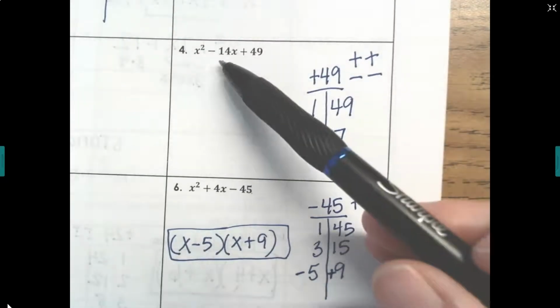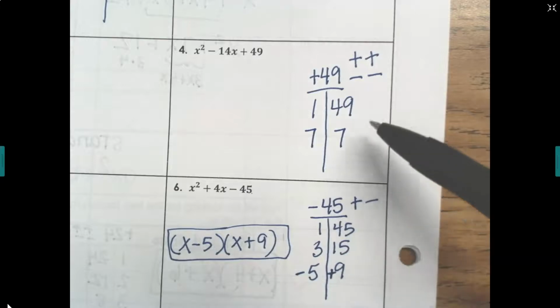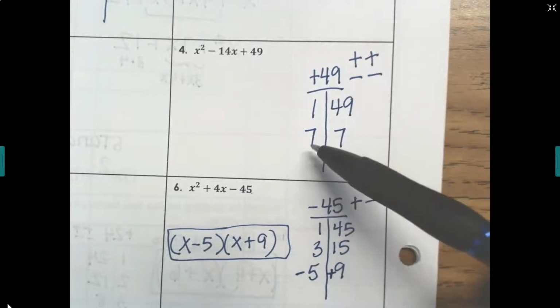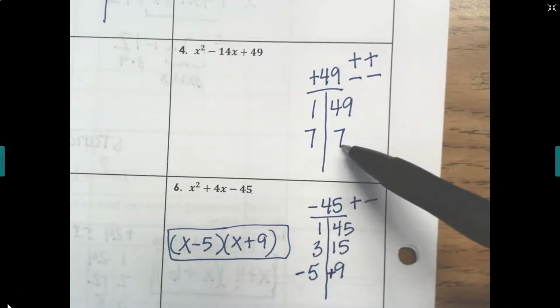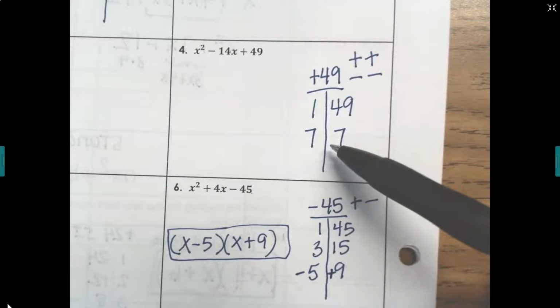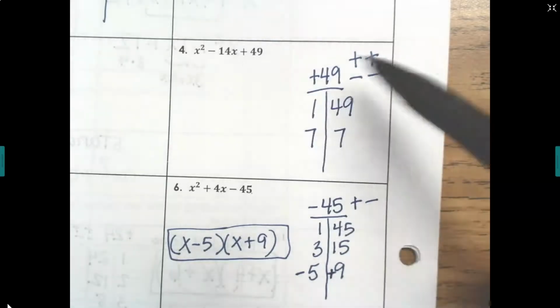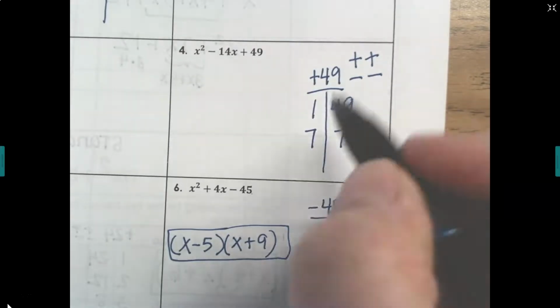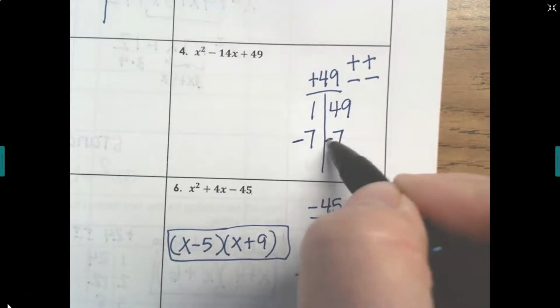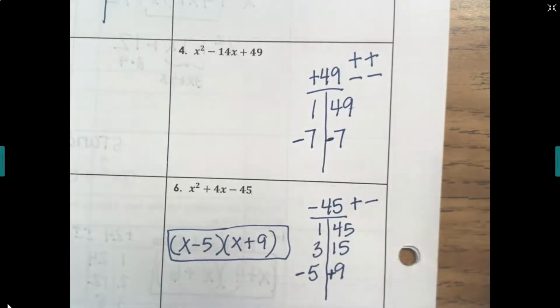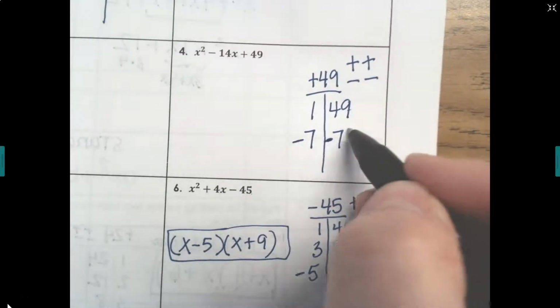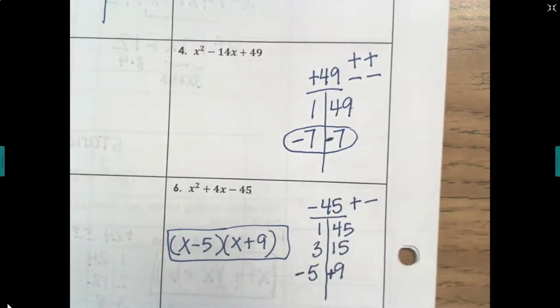So I'm trying to get to negative 14 in the middle. So if I have a positive 7 and a positive 7, that'd be a positive 14. 14 is my number that I want, but I need it to be negative. So I really need this to be negative, negative, because 49 and 1 are never going to get me to 14. So this is the factor pair that I want to use.